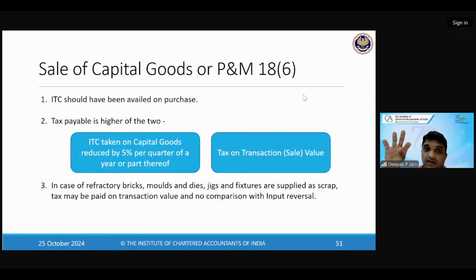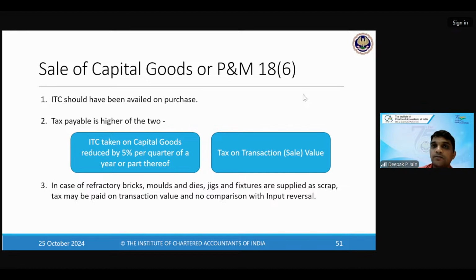All the assets, computers, laptops, software, machinery, all the capital goods, are assumed to have a life of 5 years. Under the straight line method, 100 divided by 5 is 20 for each year, which means 5% per quarter. So it is assumed that you are claiming the credit at 5% per quarter.